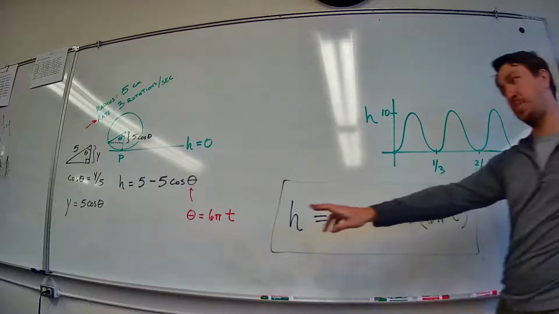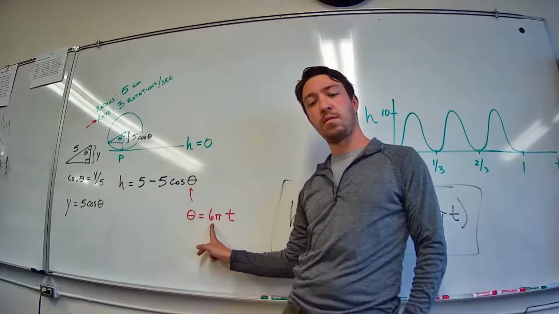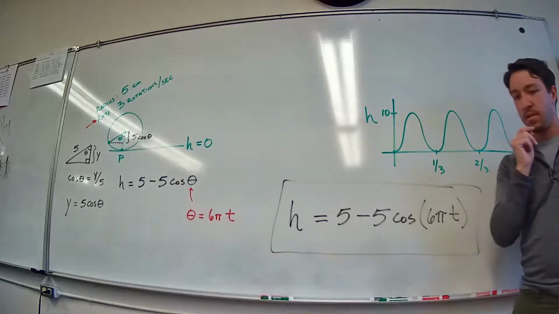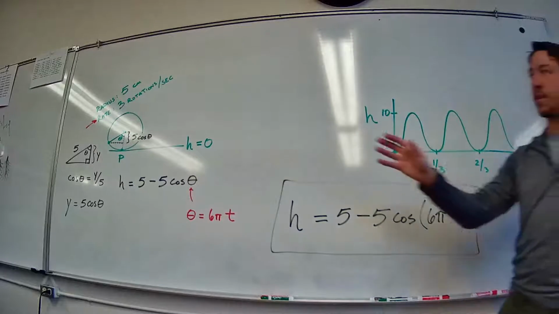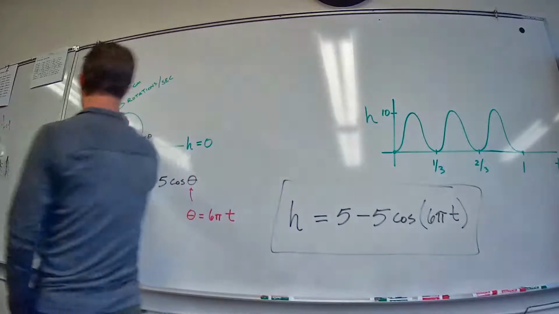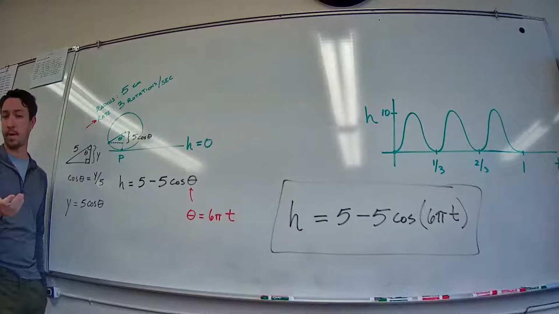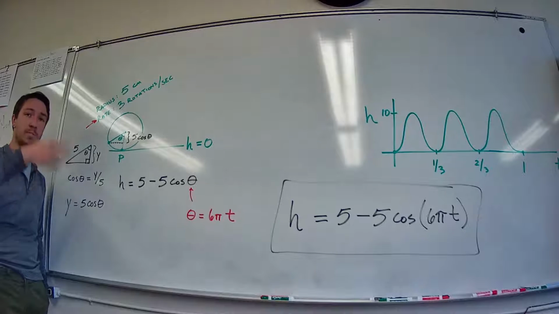Are there any questions on this, the 6 pi? Where we got that from? Okay, where did we get that from? Based on the fact that it was given to us, this is the rotational rate, right? Because something can rotate fast or it can rotate slow. This is rotating pretty fast, 3 spins per second.